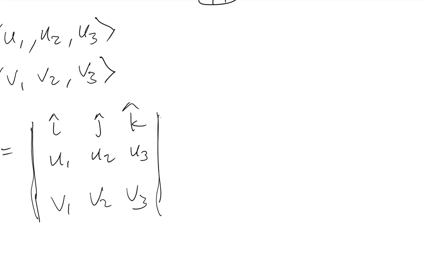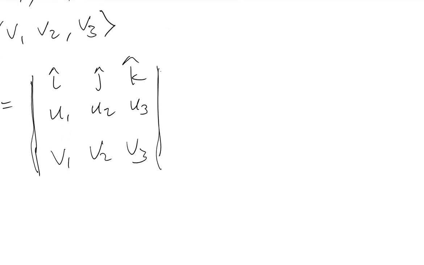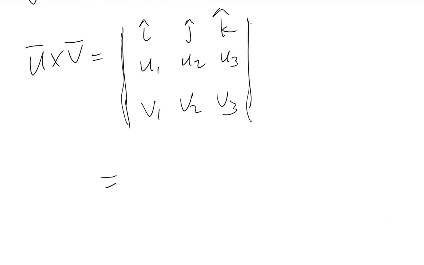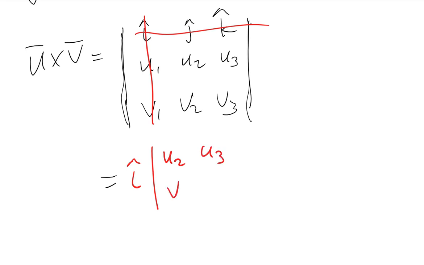So when you write this out, you get, all right, we're going to take I times, and we're going to cross out the row and the column that I is in, and take the determinant of what's left over, U2, U3, V2, V3.